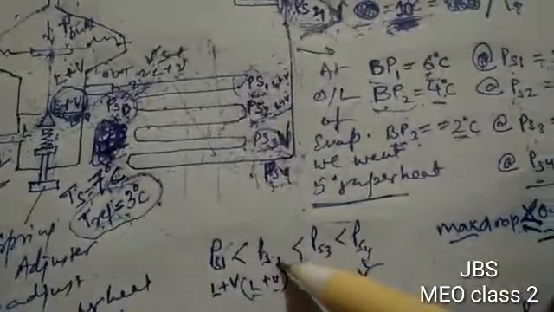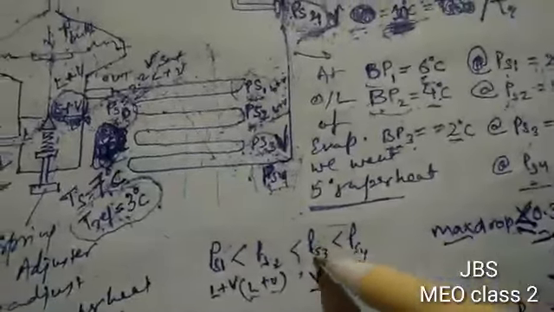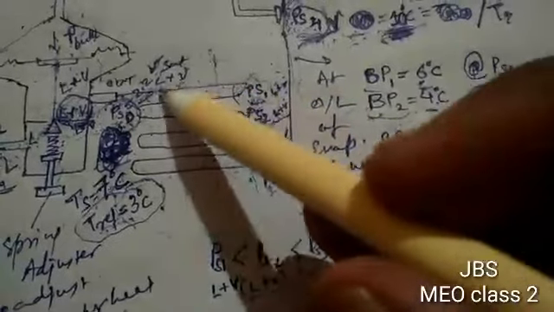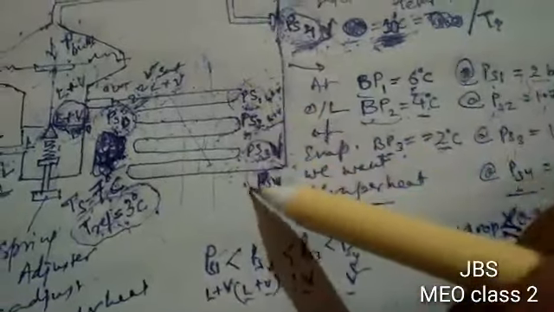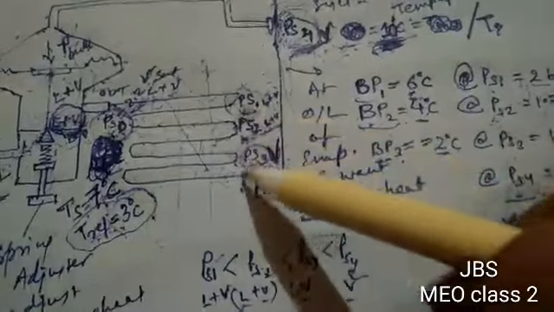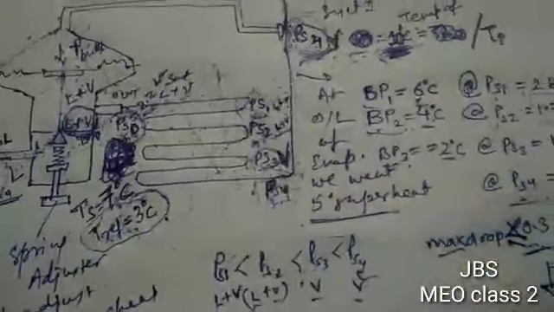Also, I would like to mention here PS1 is less than PS2, and PS2 is less than PS3, and PS3 is less than PS4. That means as the refrigerant is flowing through the evaporator coil, there is a drop in the pressure at each bend, because the larger the evaporator, the larger the pressure drop.